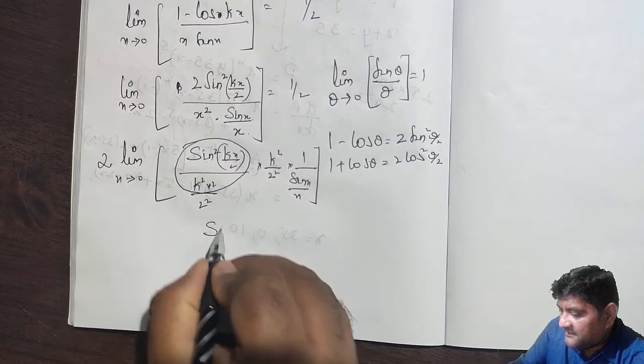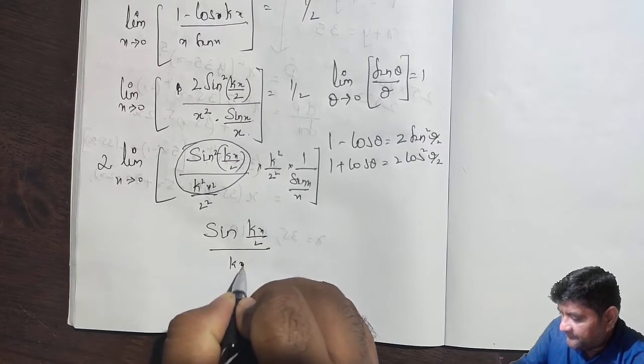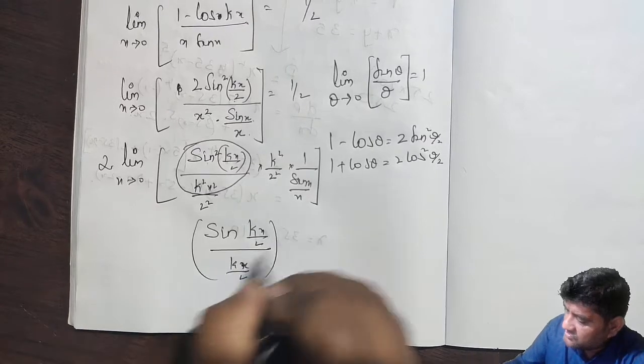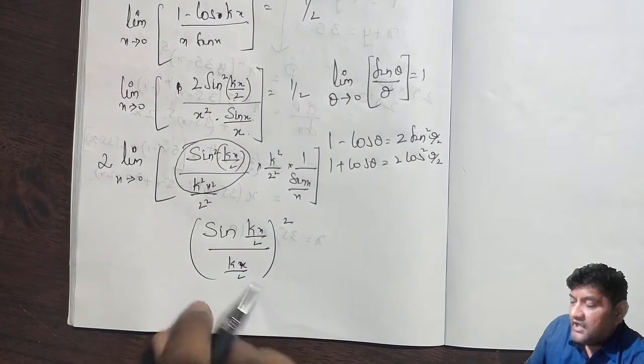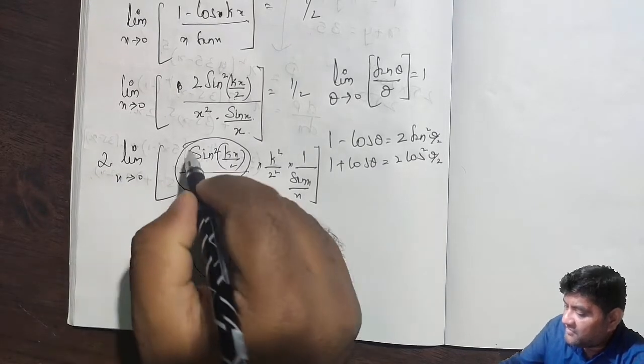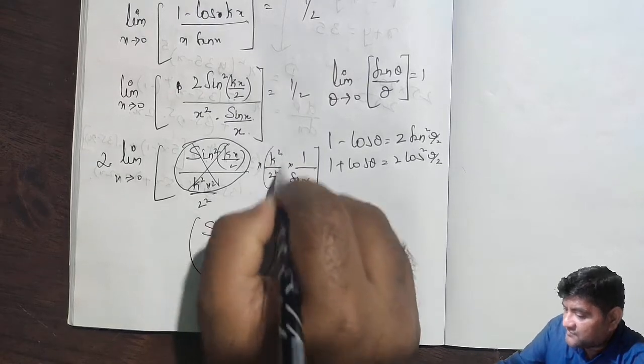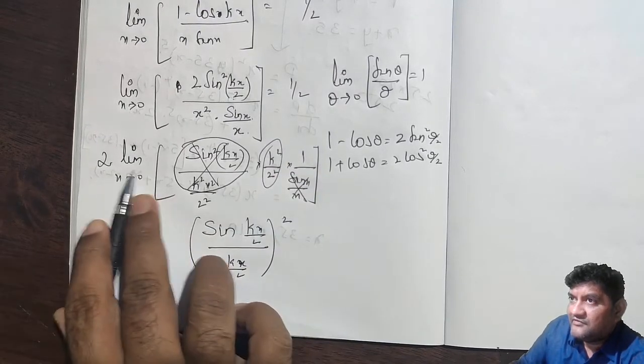Now this is going to be a 1. Why? Because the entire thing can now be written as the whole square. And therefore sine theta by theta situation, limit theta tends to 0, this is going to be a 1. This is also going to be a 1. So what you remain with is a k square by 4. That is multiplied by 2.